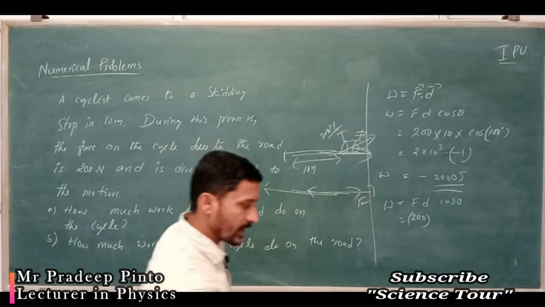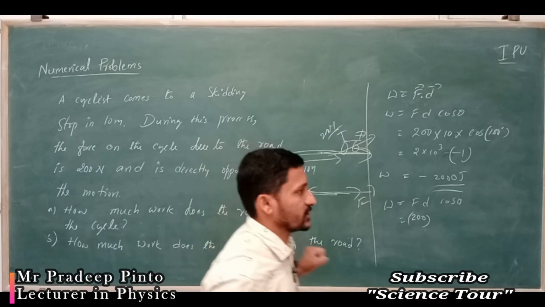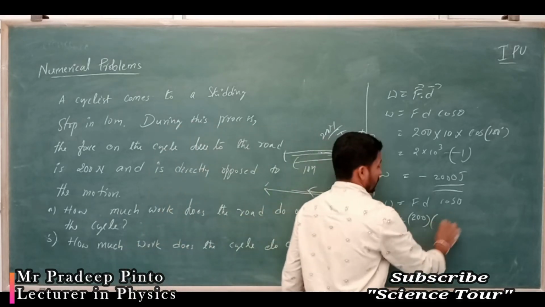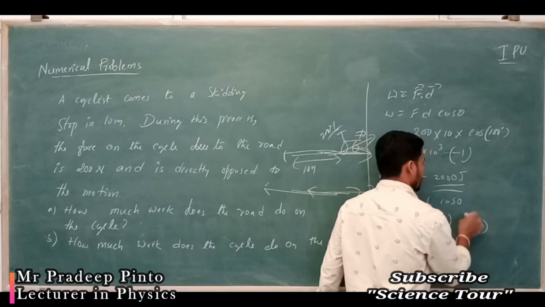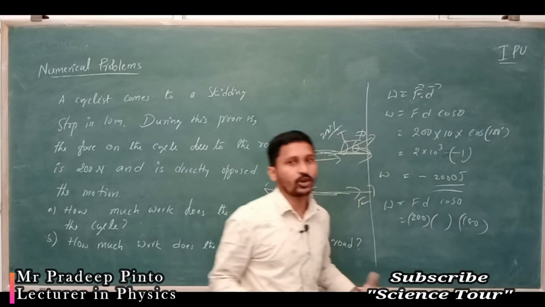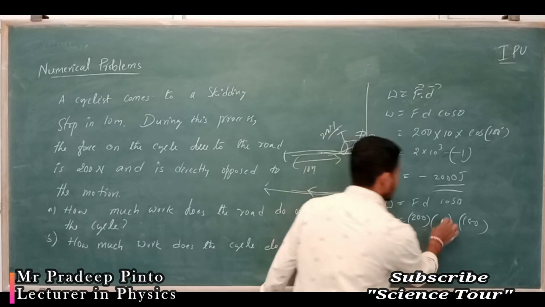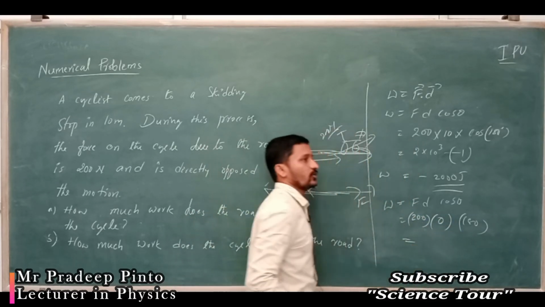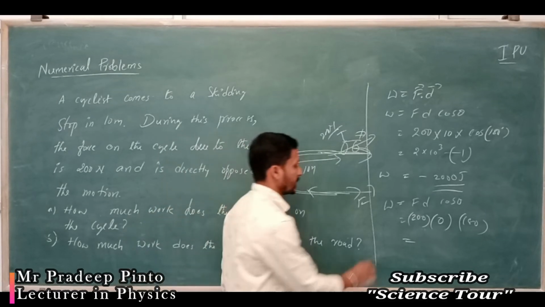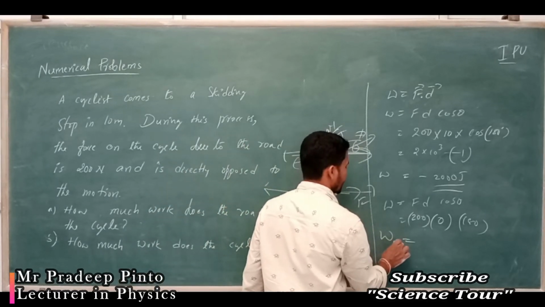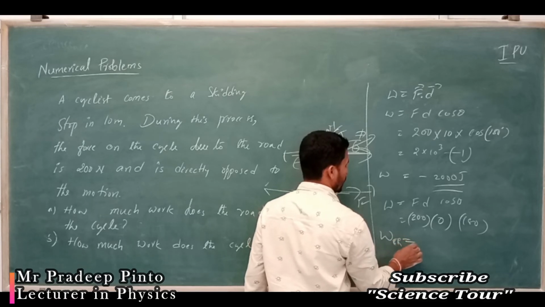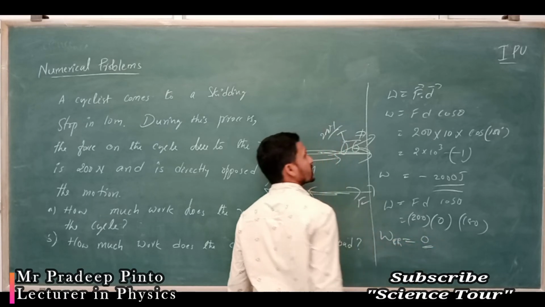Whatever force the road applies on the bicycle, the same force is applied by the bicycle on the road. But what is the angle? 180 degrees. But what is the displacement of the road? The displacement of the road is 0. So the work done by the bicycle on the road is 0, because there is no displacement.